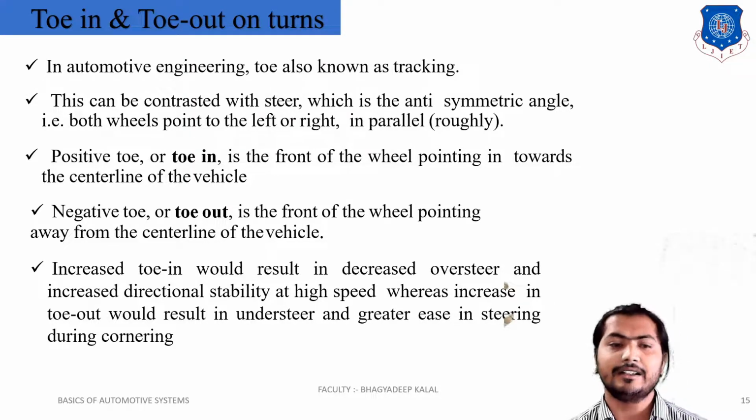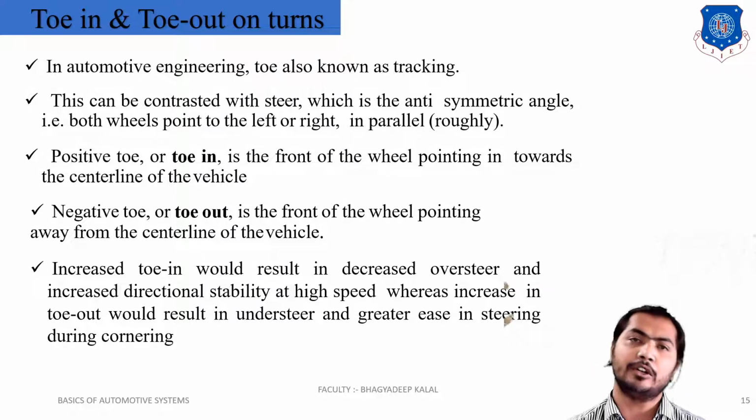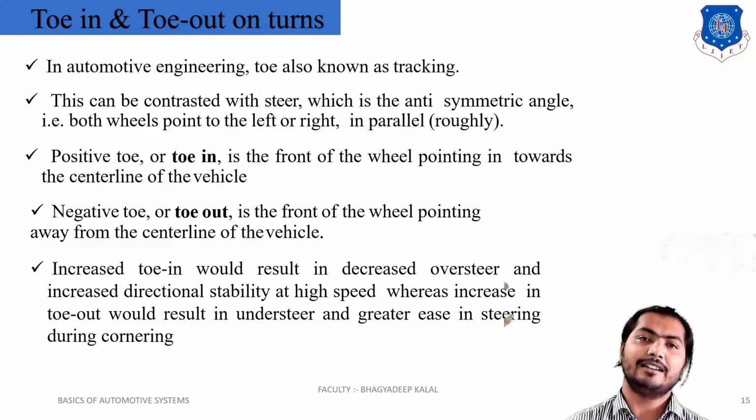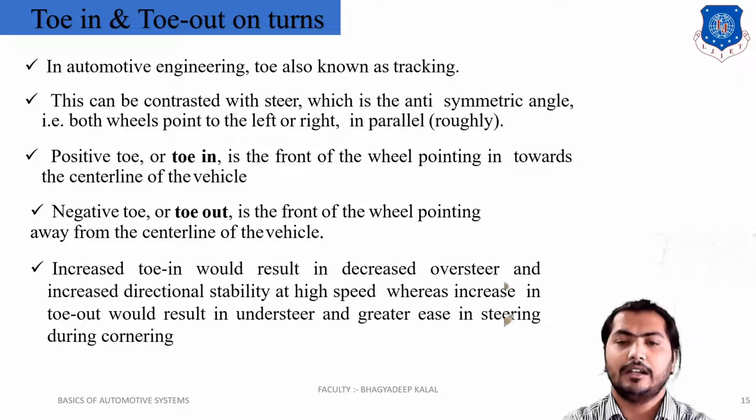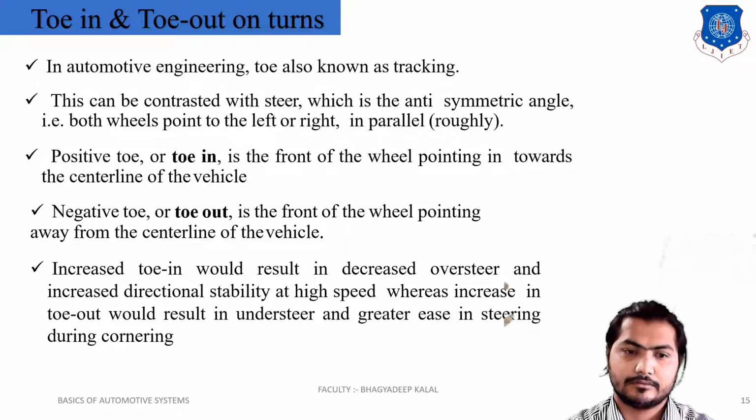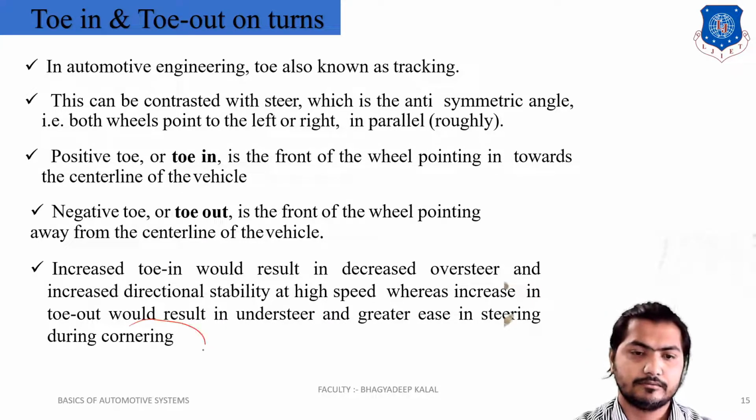Whereas increased toe out would result in understeer. Understeer is when you want to move the wheel 20 degrees and the wheel turns only 10 degrees, that is the understeer condition, and greater understeer during cornering.